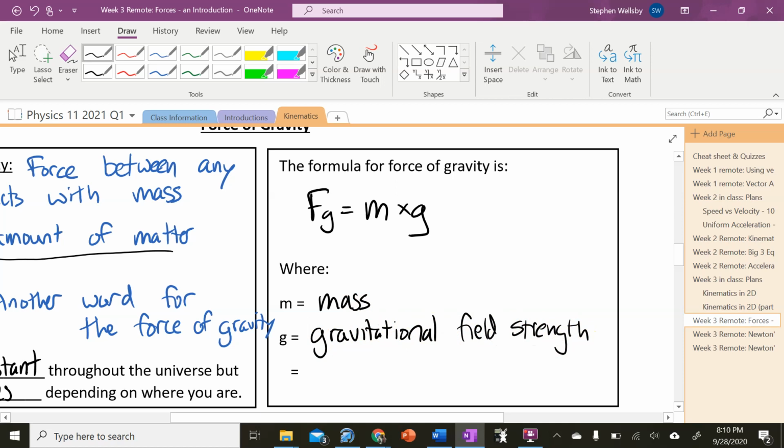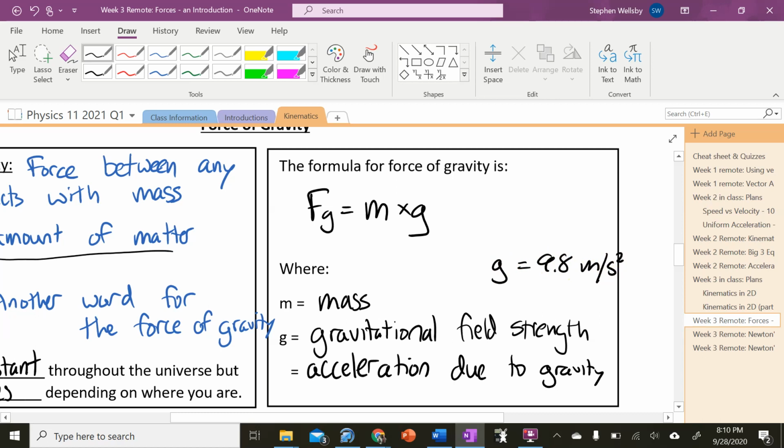This is also known as the acceleration due to gravity. And how you describe it really depends on the context. So we'll go into more detail later on with that, but both of these are completely acceptable definitions for g. It has a value of 9.8 meters per second squared.